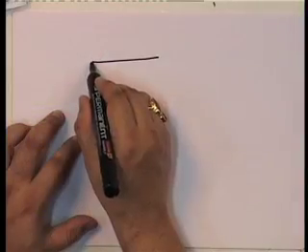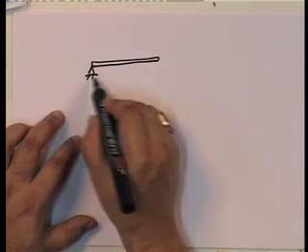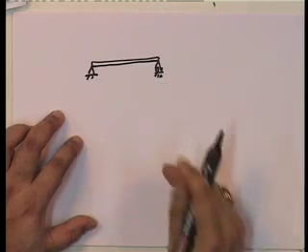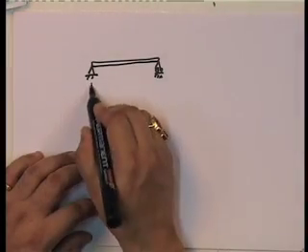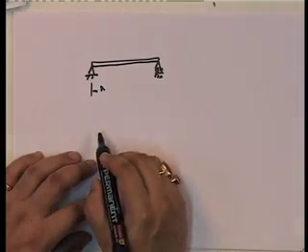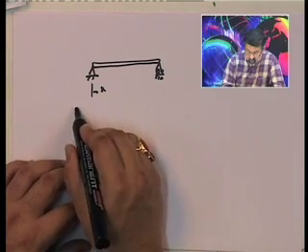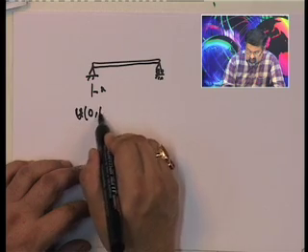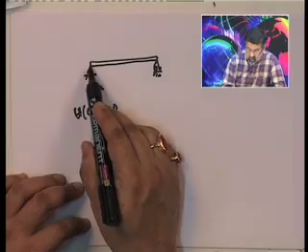Okay, for example, let us take simply supported. What kind of boundary condition do I have in this particular case? And let us take x from here. If I look at this, the boundary condition here is that v of 0, t is equal to 0.